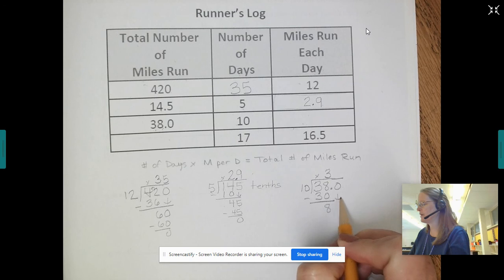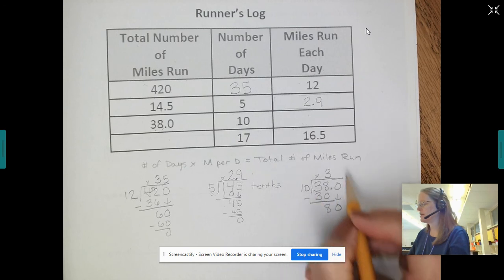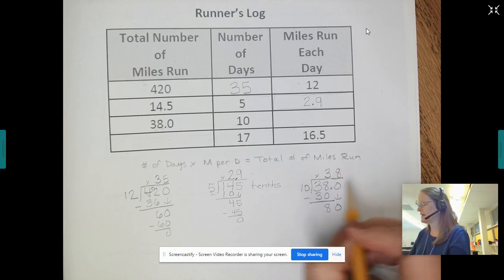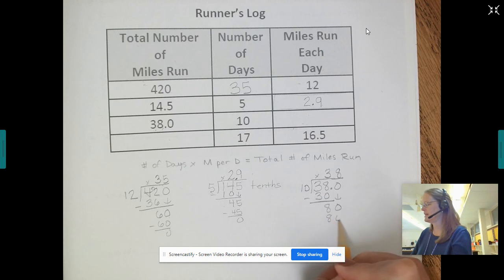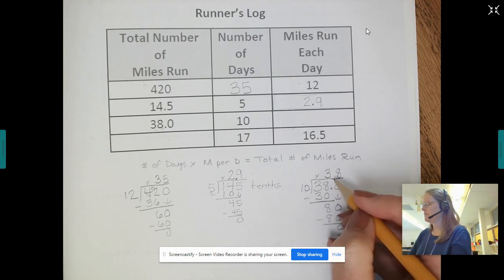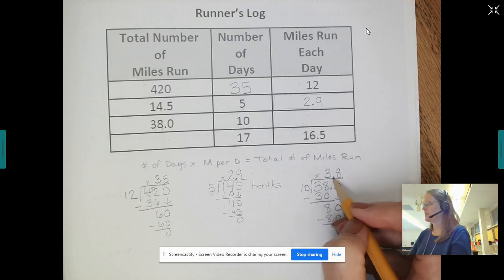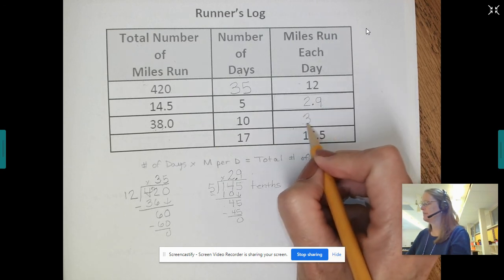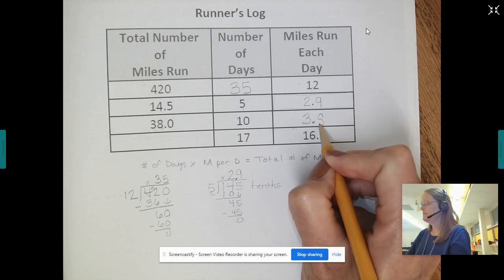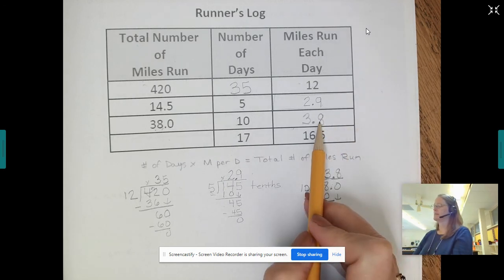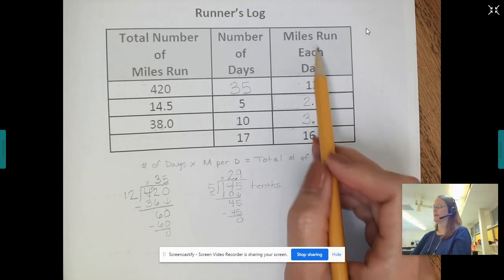Subtract, bring down. 10 goes into 80 8 times. 8 times 10 is 80. That decimal, remember, goes straight up. 3 and 8 tenths is the distance that the runner ran each day.